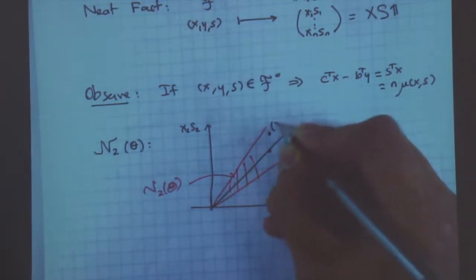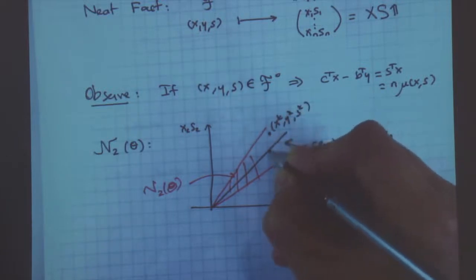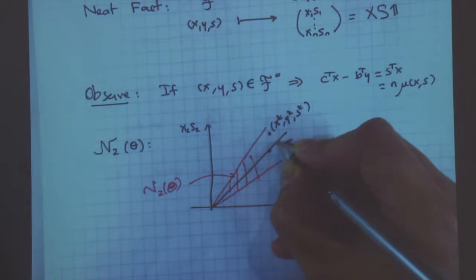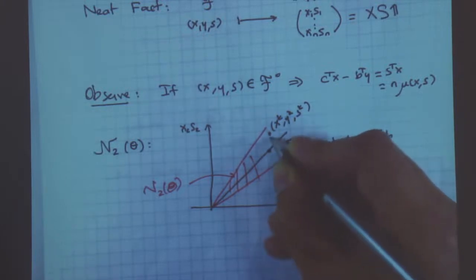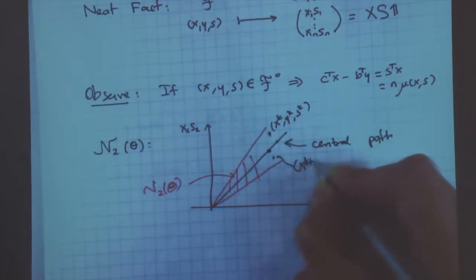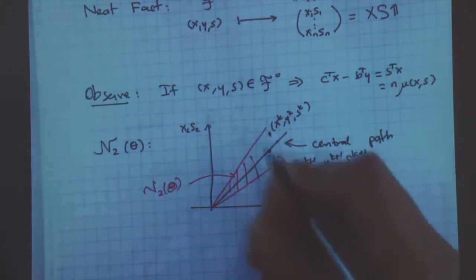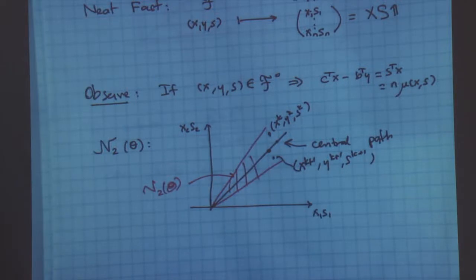This is my xk, yk, sk. And then the mu of that point would be somewhere around here. We decrease that mu, that would be the tau, and then we try to chase this point, and that would be our next xk plus 1, yk plus 1, sk plus 1. And then we decrease tau again and keep doing the same thing.